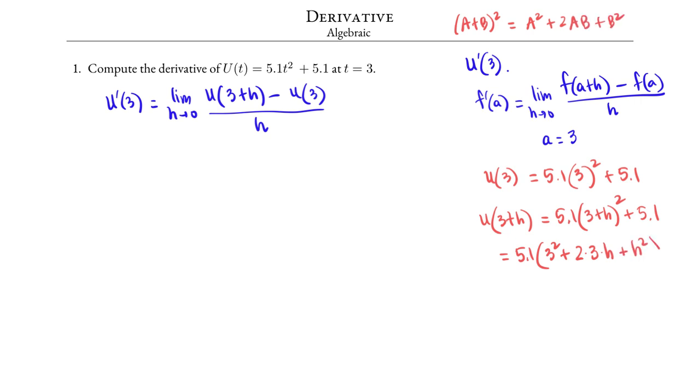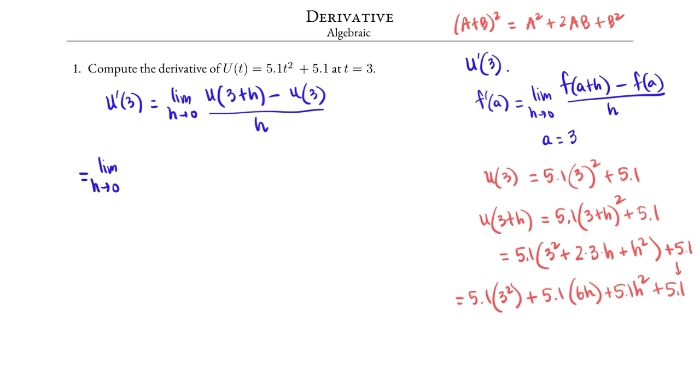So plus h squared, close the parentheses, plus 5.1. This is 5.1 times 3 squared plus 5.1 times 6h plus 5.1 times h squared, and we bring down this 5.1.